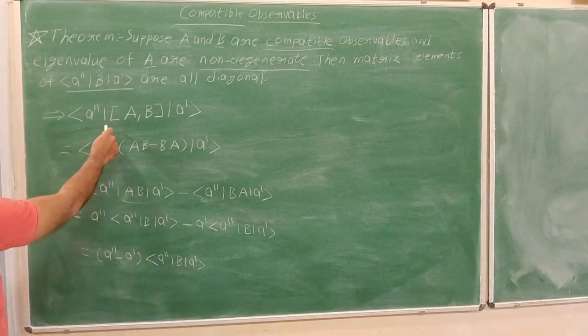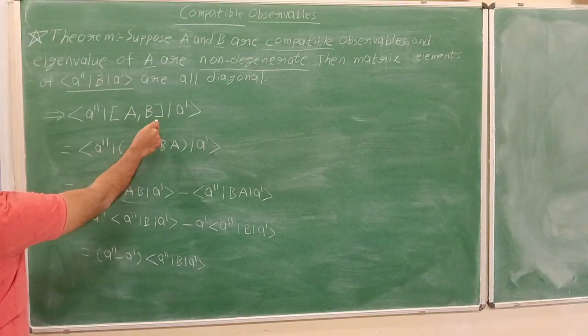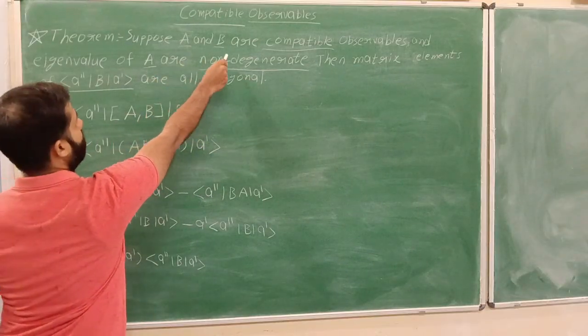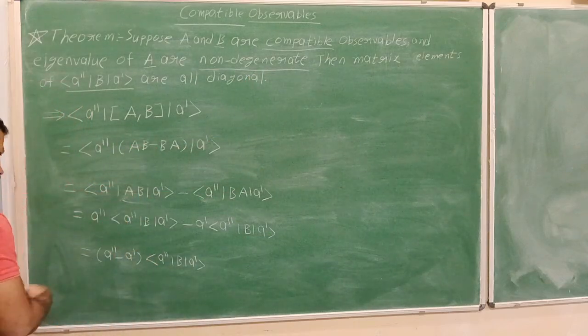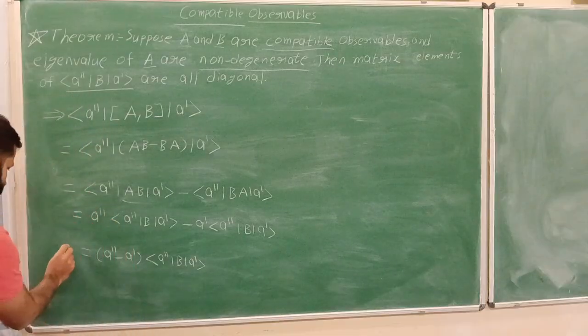But we know that for compatible observables, this is 0. We are saying that A and B are compatible because we just quoted that this is going to be 0. So this will be 0.